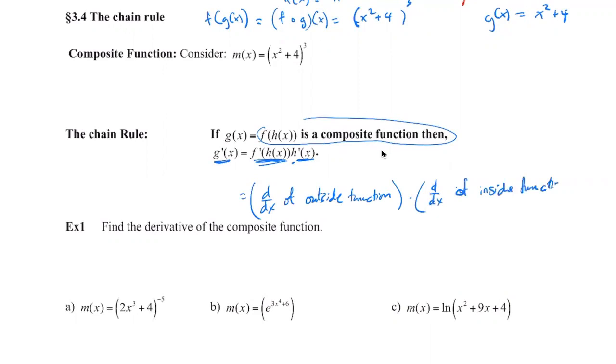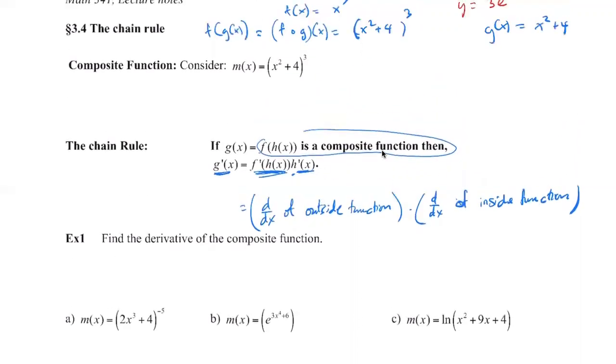So now the main task is, how do I recognize, in a given function, what's the inside function and what's the outside function, or the parent function versus the inside function. That's where the task is. How do I recognize that first when I'm applying this rule?